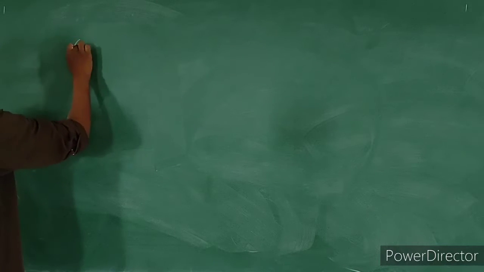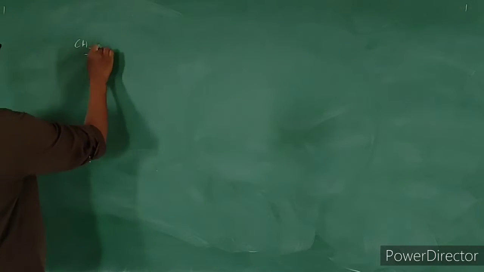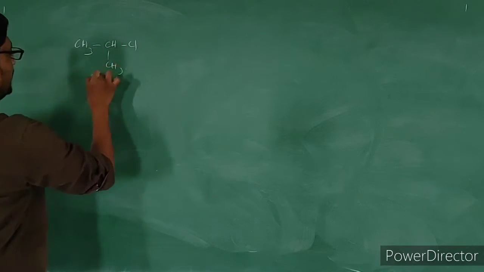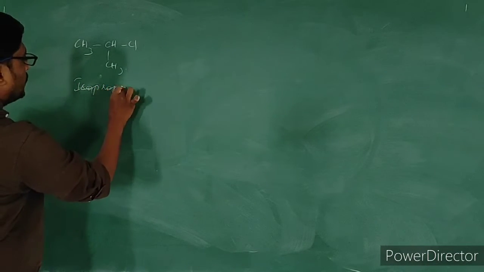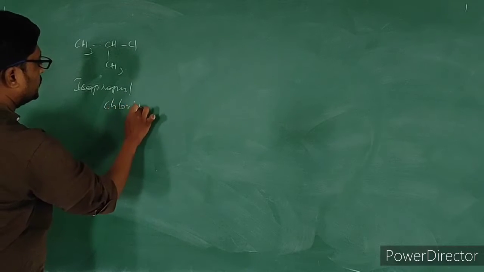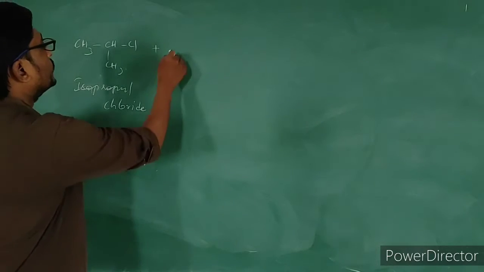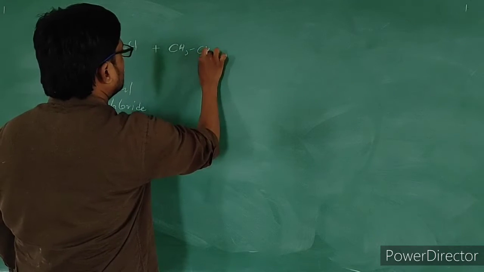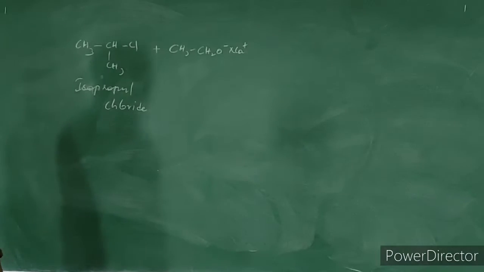For example, this is nothing but a secondary alkyl halide, isopropyl chloride. This one reacts with sodium ethoxide.